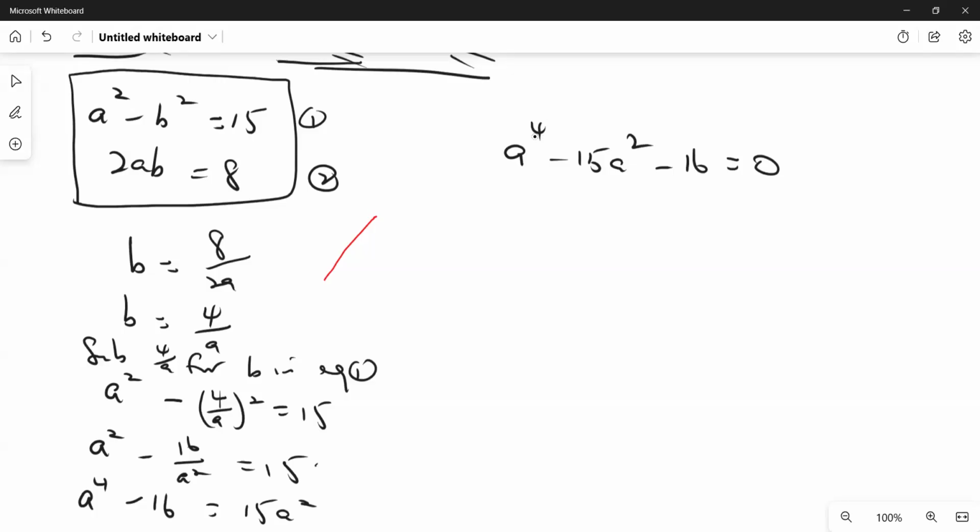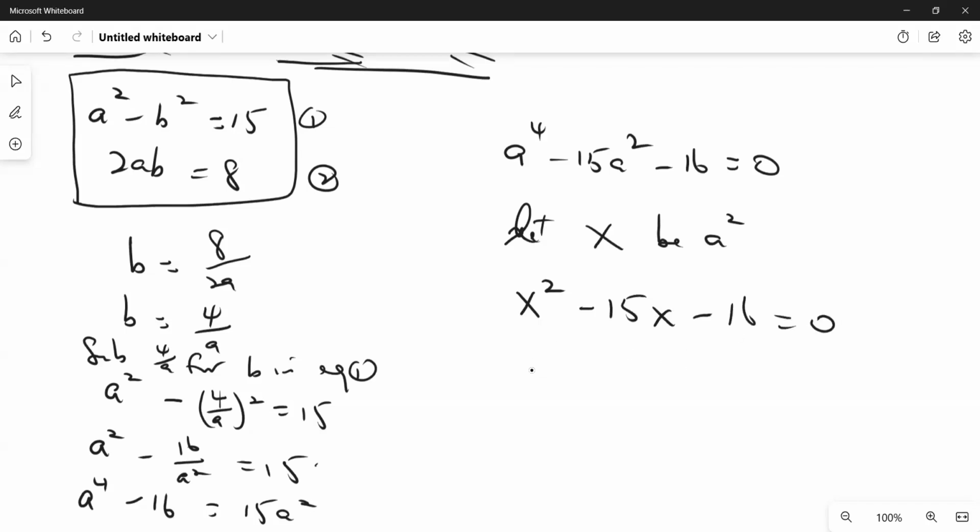Think of it like a quadratic. If you're not able to figure it out, let x be a squared. Then it's like x squared minus 15x minus 16 equals 0, which will factorize to x minus 16 times x plus 1 equals 0.